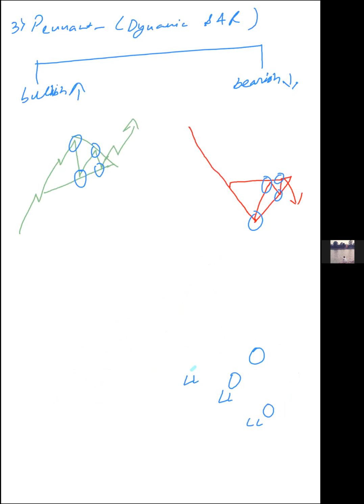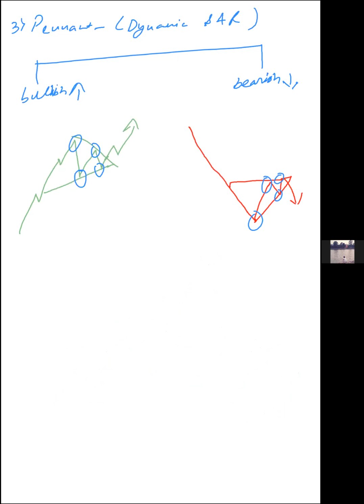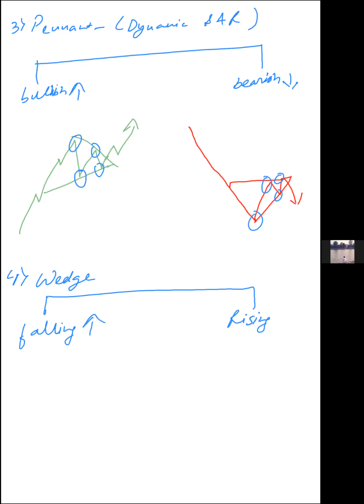Next up, we have a wedge. The wedge is also comprised of two types: falling wedge and a rising wedge. A falling wedge gives upside breakout while a rising wedge gives a downside breakout.